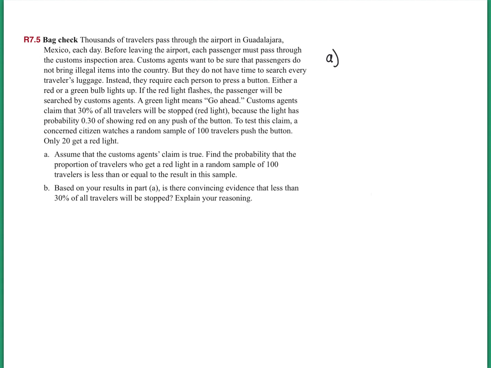So the sample proportion, p hat, was the 20 travelers that got stopped out of the 100 that were observed. That's 0.2. The claim is that the true proportion is 0.3. We're going to use that as our mean when we do normal CDF.